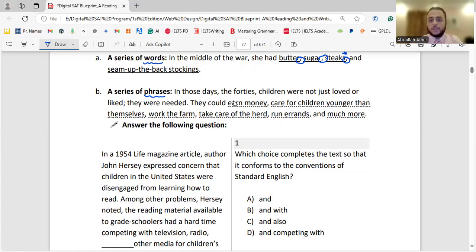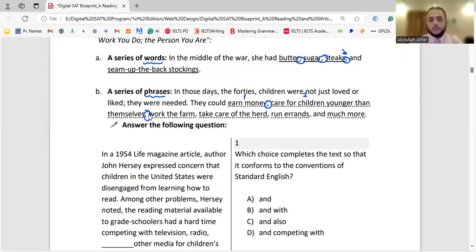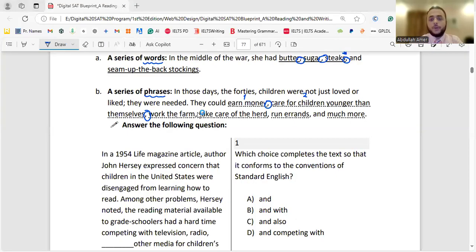In those days, the 40s, children were not just loved or liked, they were needed. They could earn money, so this is the first phrase. Care for children younger than themselves, second phrase. Work the farm, and take care of the herd, run errands, and finally, and much more.